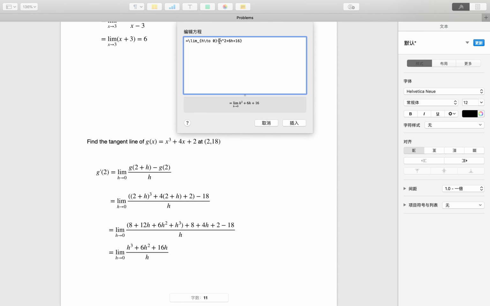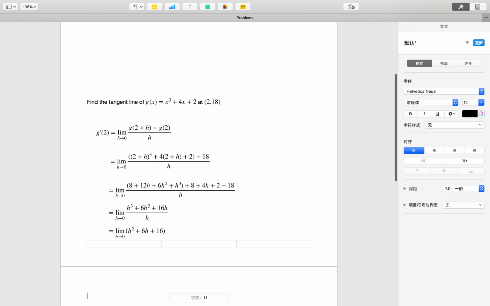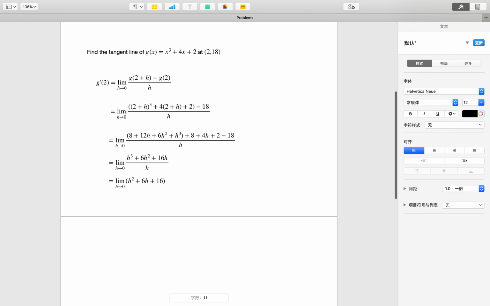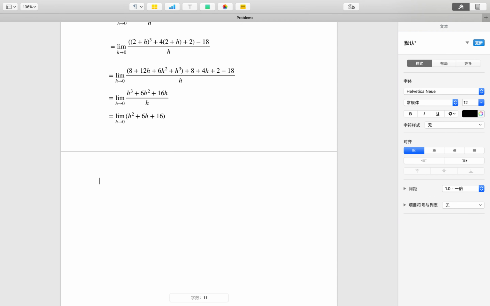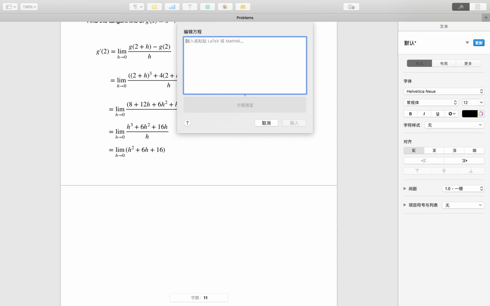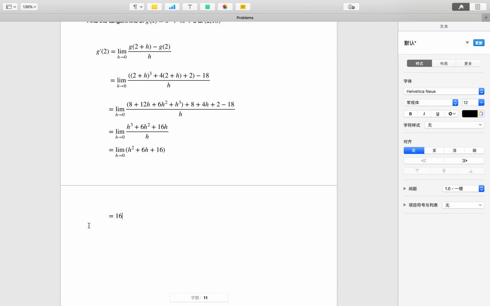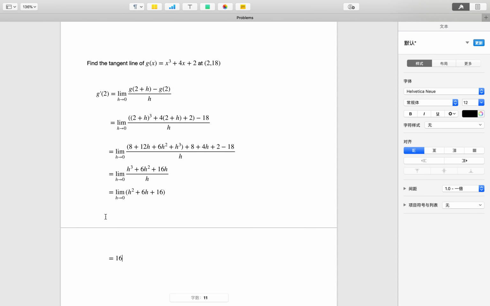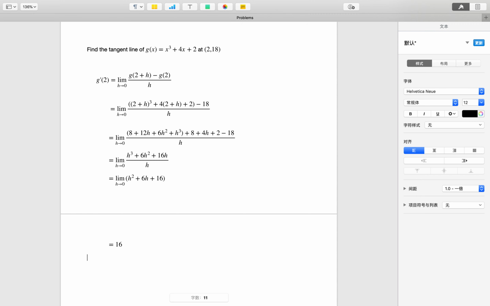And the value of this limit is obviously 16, as we can just substitute h equals 0 into h squared plus 6h plus 16, which equals 16. So we know that the tangent line of g of x at x equals 2 is a line with a slope of 16.